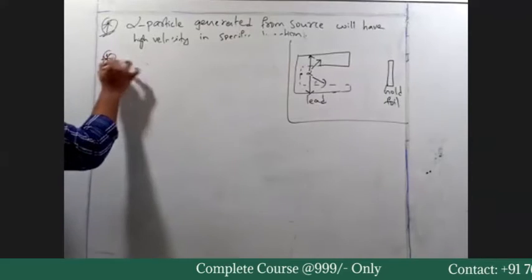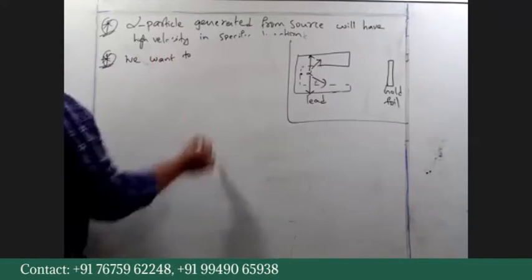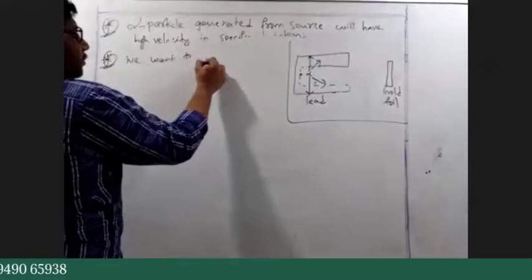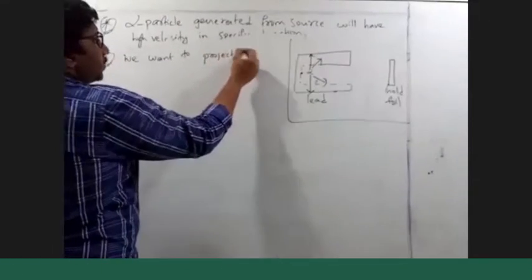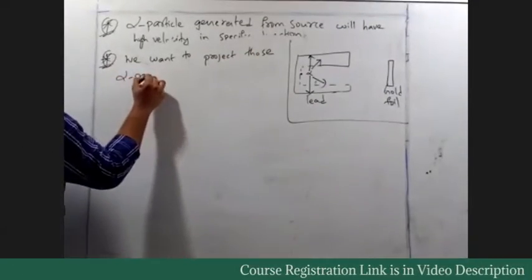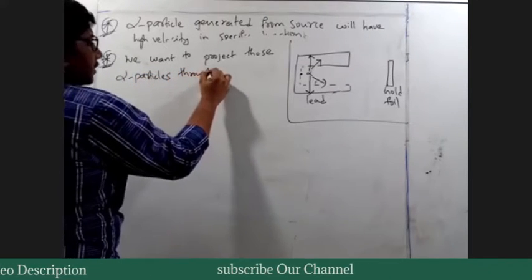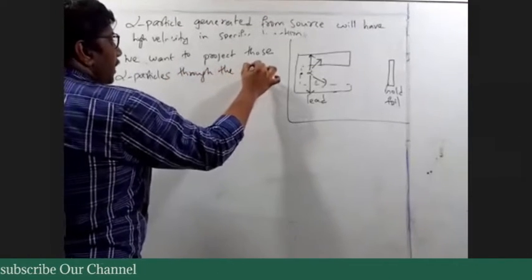Write down all these things. We want to project those alpha particles through the gold foil.